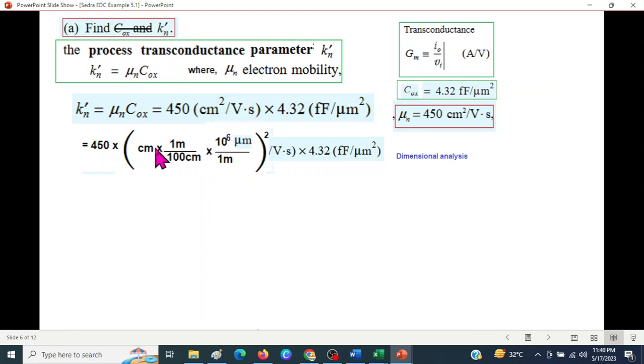centimeter will cancel it, so we bring it here centimeter, and we want to replace it with meter first of all. 1 meter is equal to 100 centimeter. Centimeter will get cancelled. Now there's a meter, we need to eliminate meter and we have to bring in micrometer. So we put 1 meter down, and 1 meter is equal to 10 raised to the power 6 micrometer, and then we put square for this term.